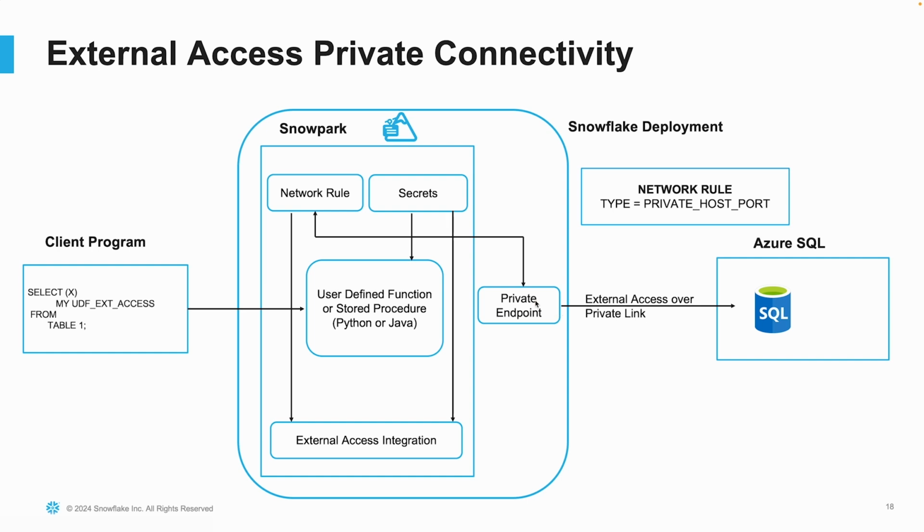Now this private endpoint is bound as part of the network rule, and then the network rule and the secrets are bound as part of the external access integration, which means that the secret can be used only with that specific network URL. Now these need to be declared as part of the UDF or procedure, and then when you call the procedure or the UDF, it uses the external access integration and can connect to that specific declared resource.